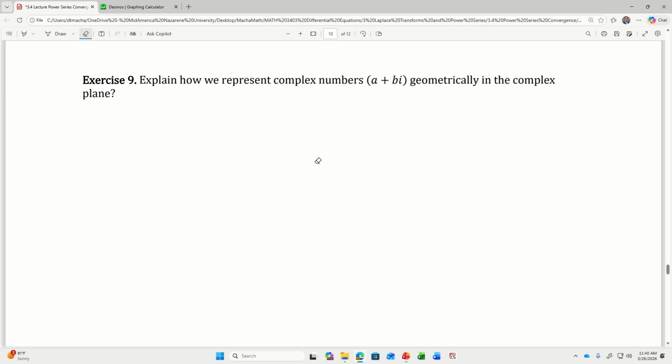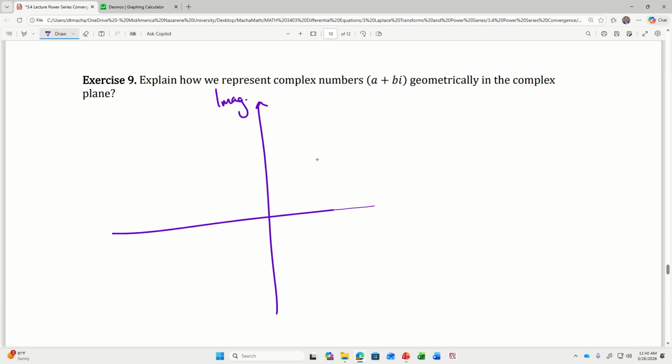All right, explain how we represent complex numbers geometrically in the complex plane. So I'm shifting gears a little bit, but there's a reason. A complex plane has an imaginary axis and a real axis, where the real axis is like a real number line and the imaginary axis is like the imaginary number line, with all the imaginary numbers.